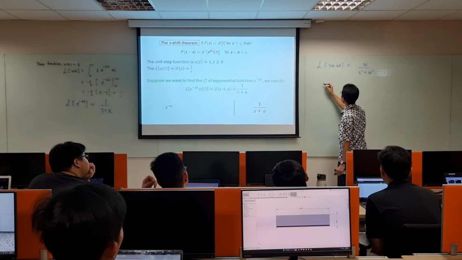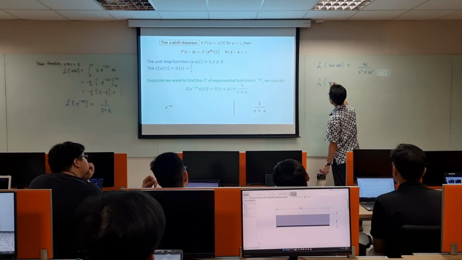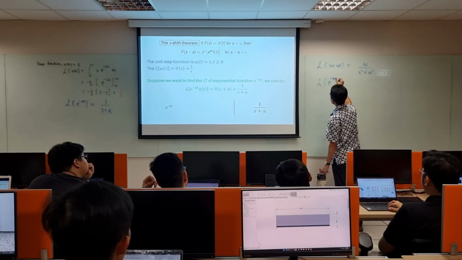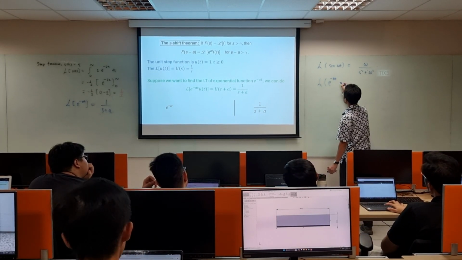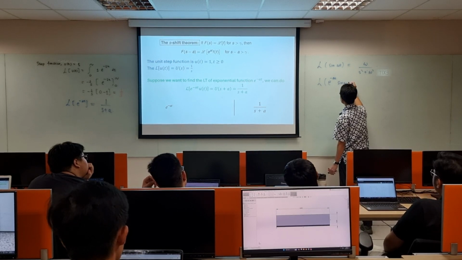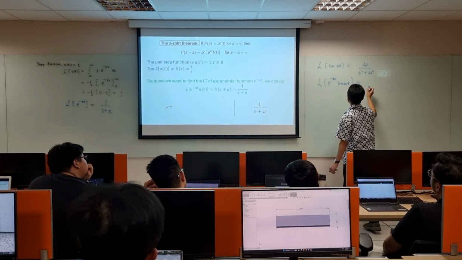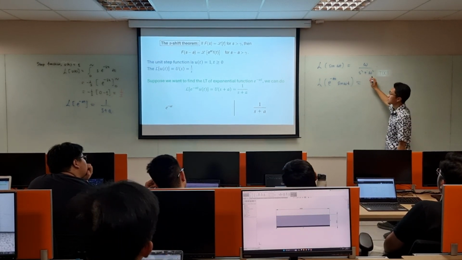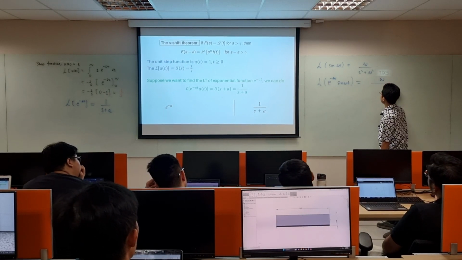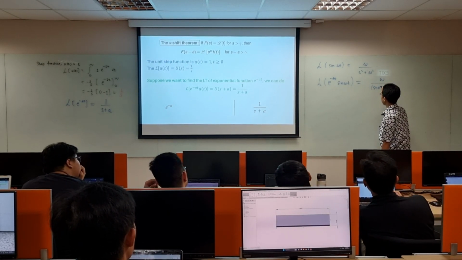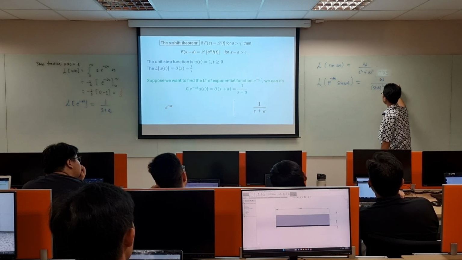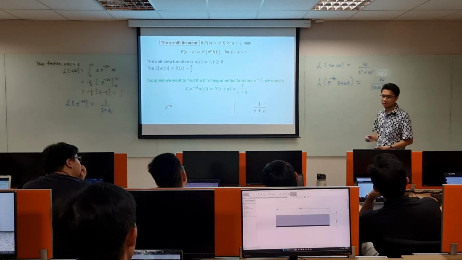So if you have the Laplace transform of e to the minus at times sine omega t, then what happens here? It is omega over s plus a squared plus omega squared. So that's how we use the theorem.